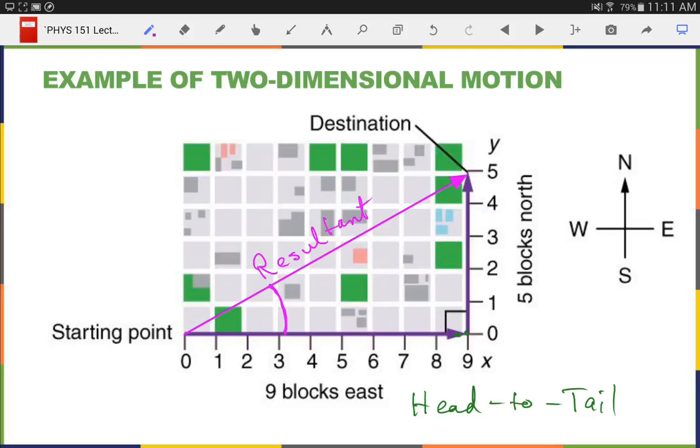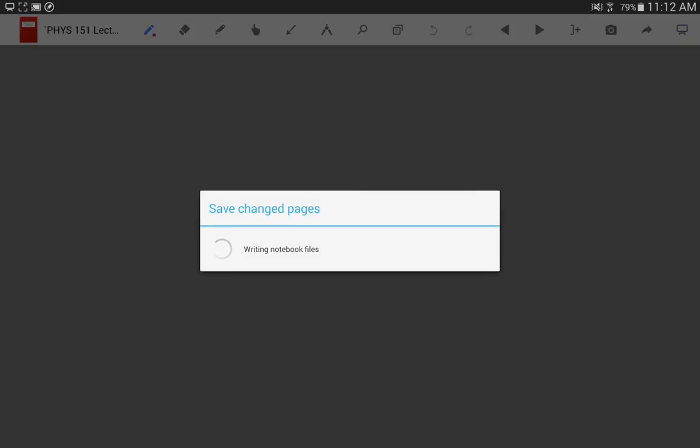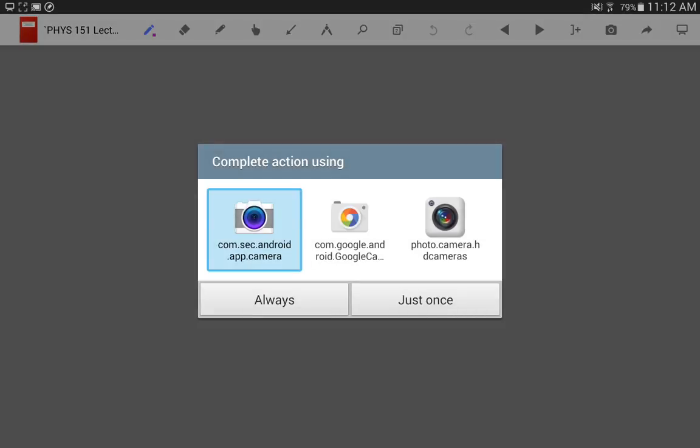Let us just make a quick angle. I know you can't see anything yet. I know you can't see, but I will take a picture and then you'll be able to see.